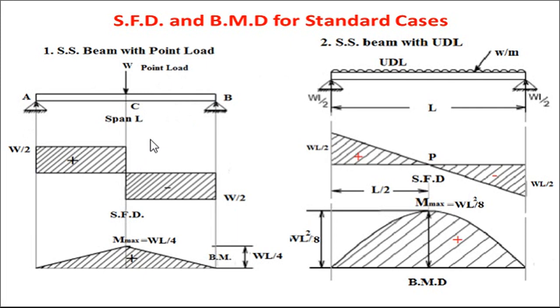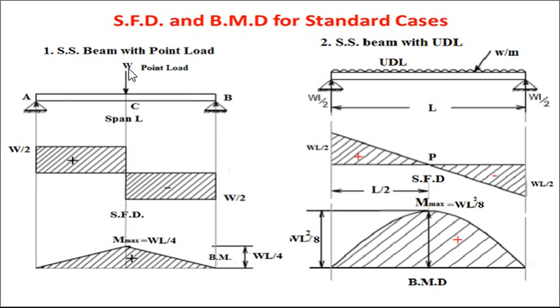Now if you want to draw the SFD, the shear force diagram, the reaction will be W by 2. Initially you draw a horizontal line, then as the reaction is W by 2 upward, move W by 2 upward. There is no load between A and C, so a horizontal line.